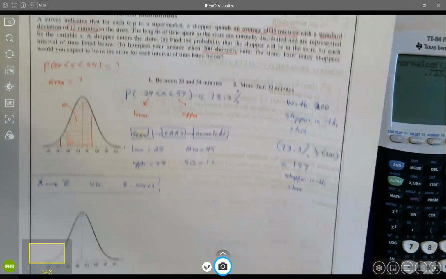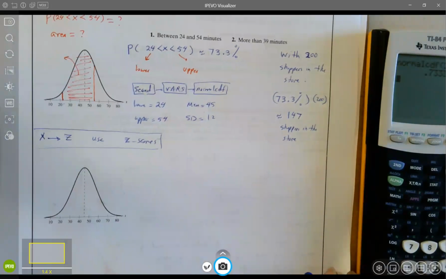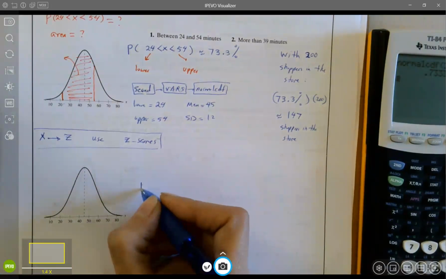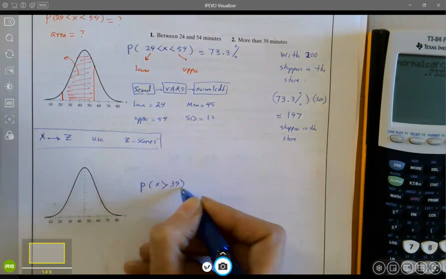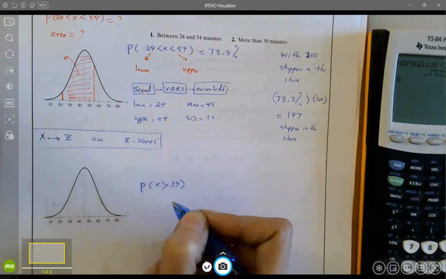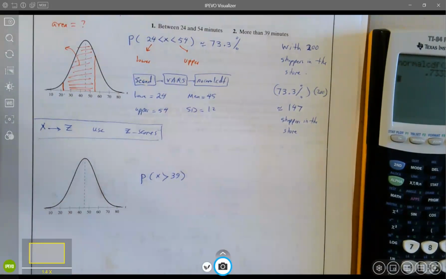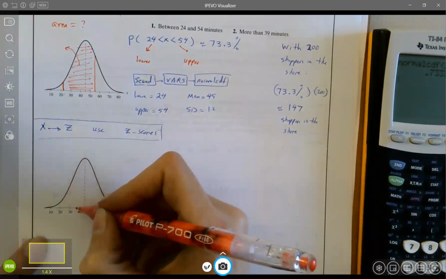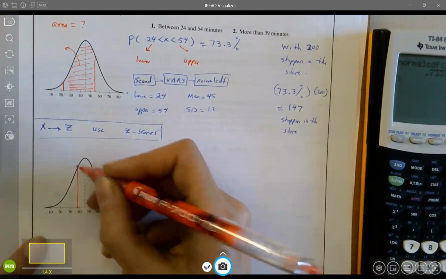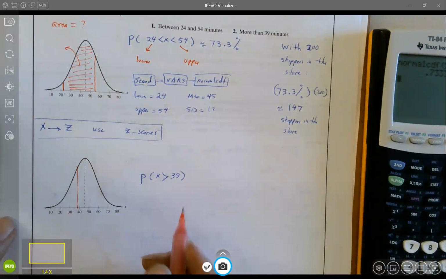Next one, more than 39 minutes. We want to find the probability that X is more than 39 minutes. More than 39 minutes means 39 minutes or more: 40 minutes, 45 minutes, 50 minutes, 60 minutes, and more.